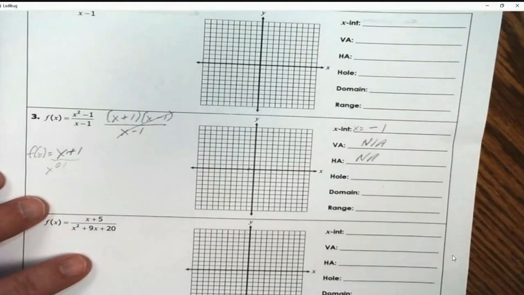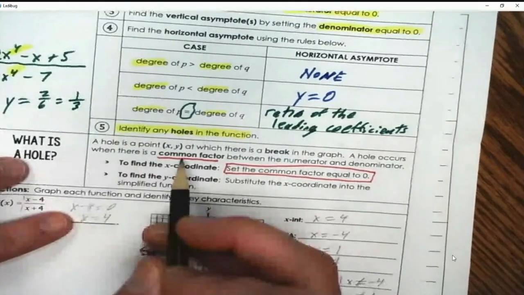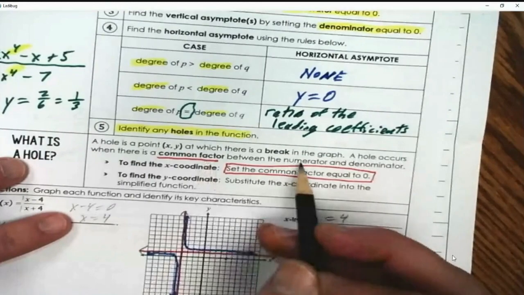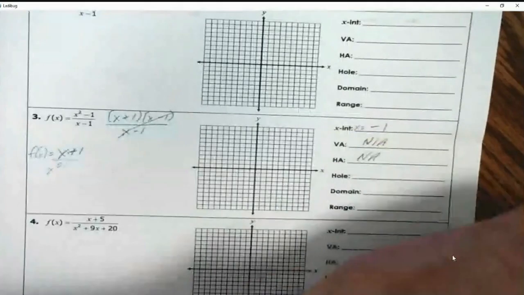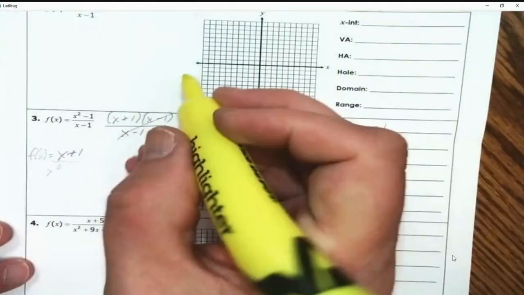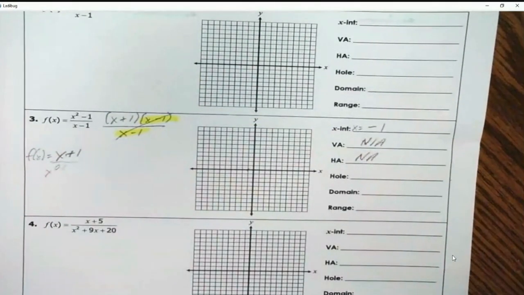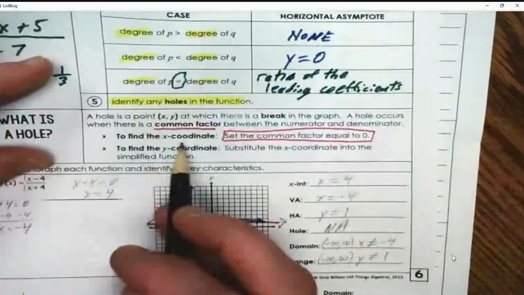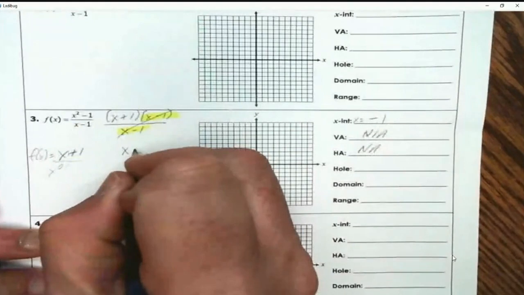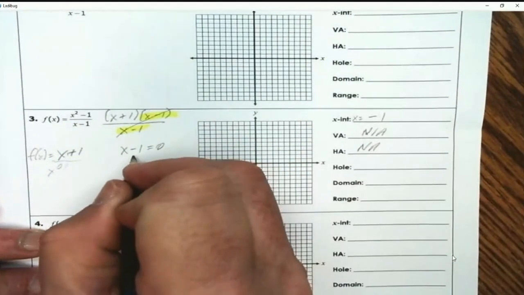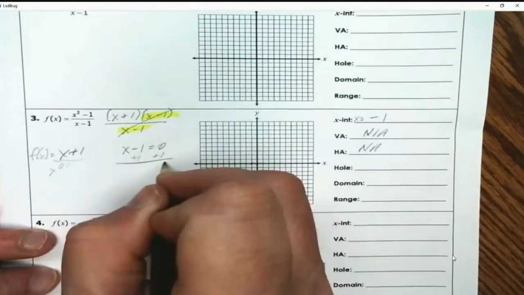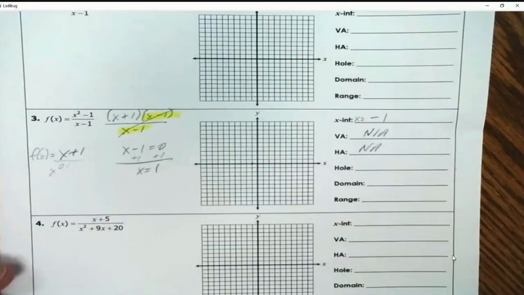A hole occurs where there's a common factor between the numerator and denominator. We had a common factor, x minus 1, that existed in both places. So to find the x coordinate, set the common factor equal to 0. So x minus 1 equals 0, add 1 on each side. At x equals 1, there's a hole. What is the y of that point?